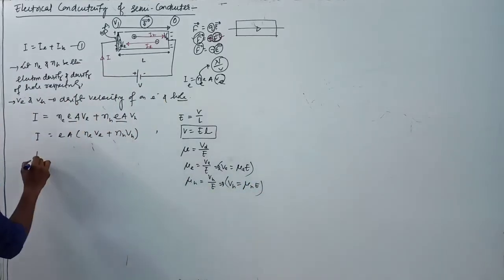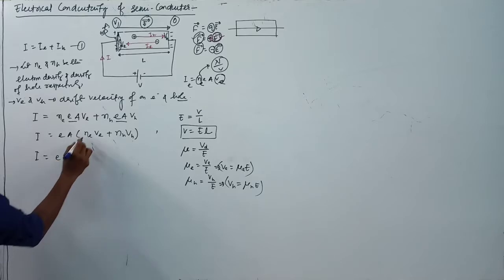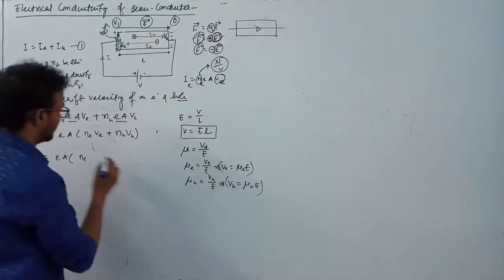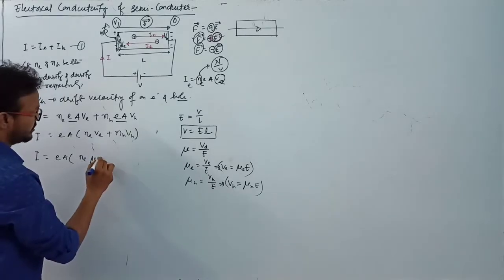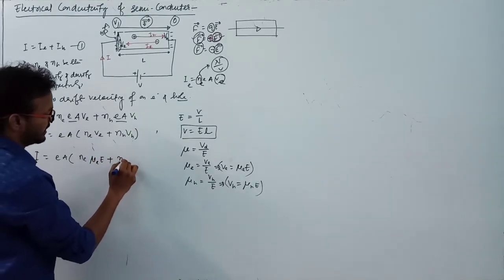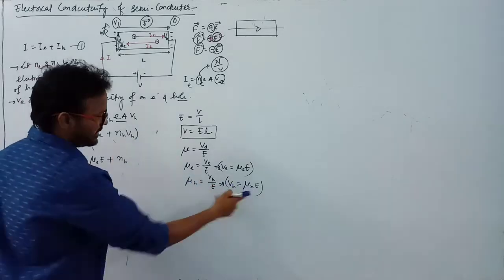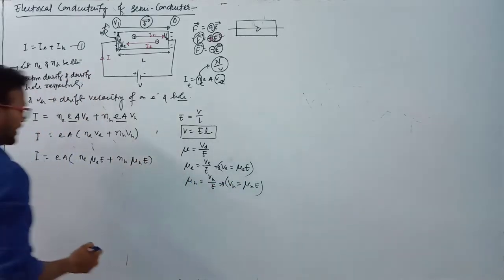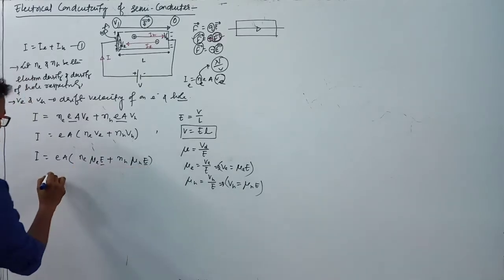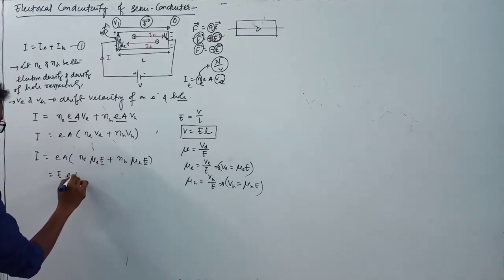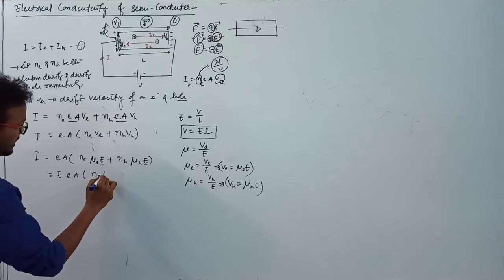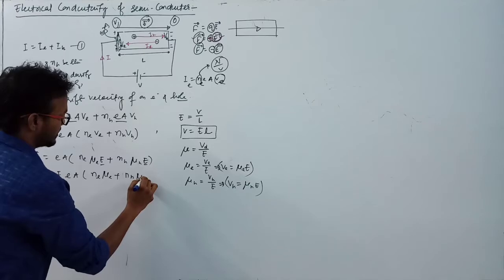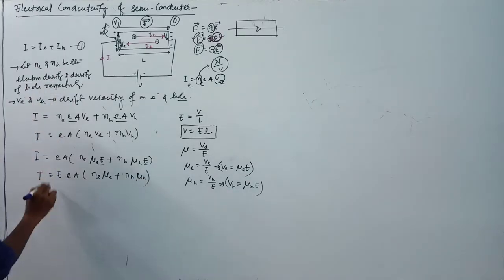Now use this value here, and we get EA NE VE, and VE is mu E into E, plus NH VH, where VH is mu H into electric field E. The common term is the electric field E, so you can take it out: EA E times NE mu E plus NH mu H. This is the general expression.